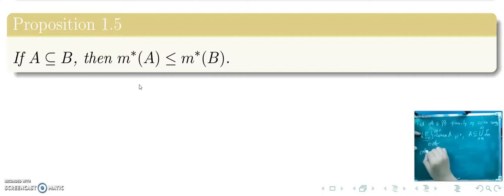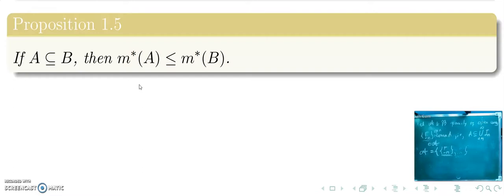Hence, this family of open covers of A is equal to the set of collections of open covers. So it is a set of sets. And take note, the members of this collection are all open intervals. Follow? And B also follows.